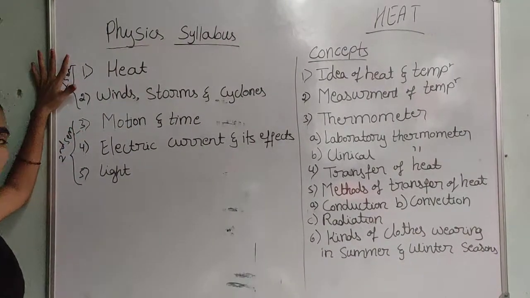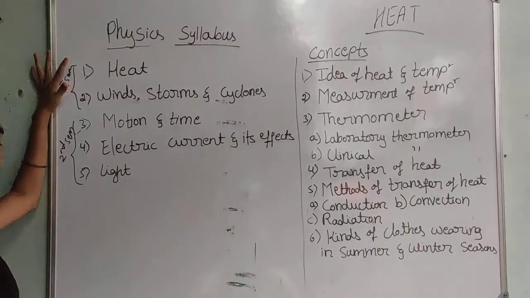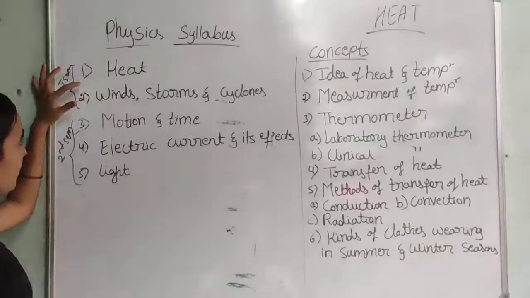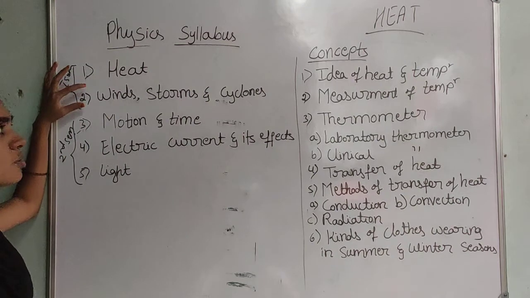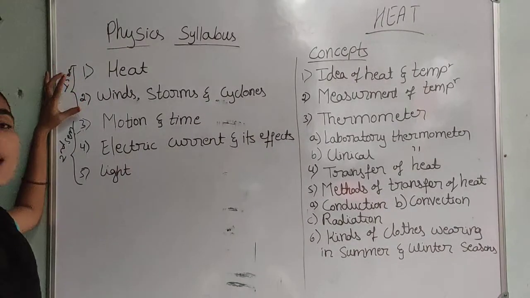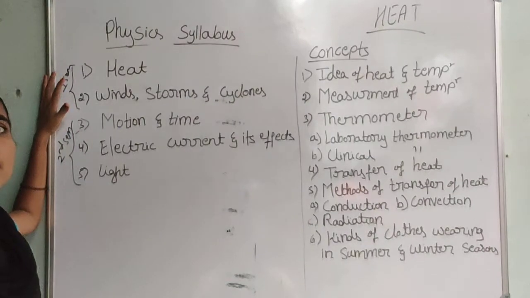Here I will just give a brief introduction of all these 5 chapters. First, heat, which we can simply observe. The second chapter is winds, storms and cyclones. These winds, cyclones and storms we simply call natural disasters, or natural phenomena.